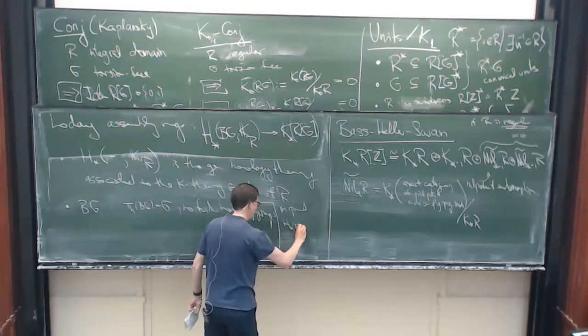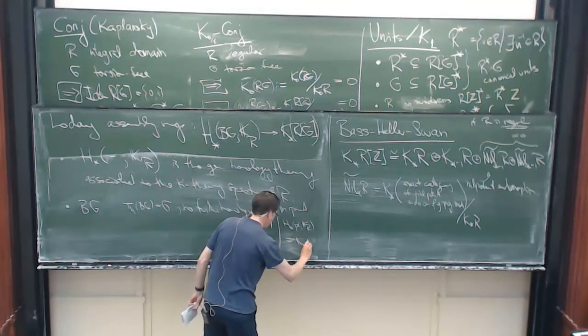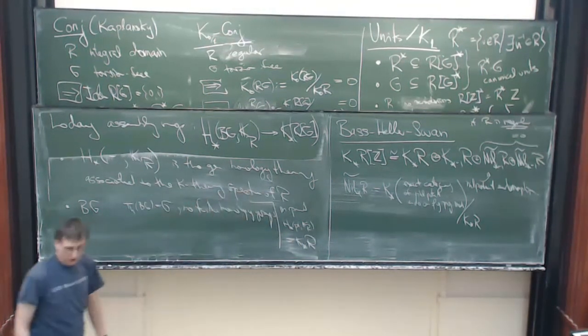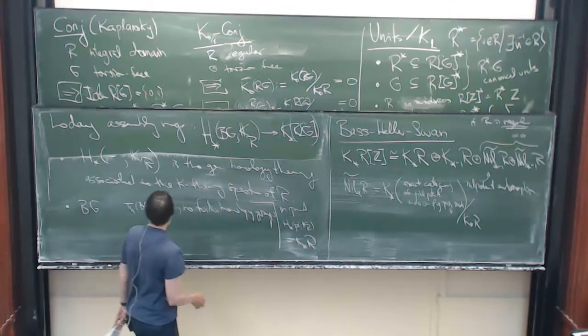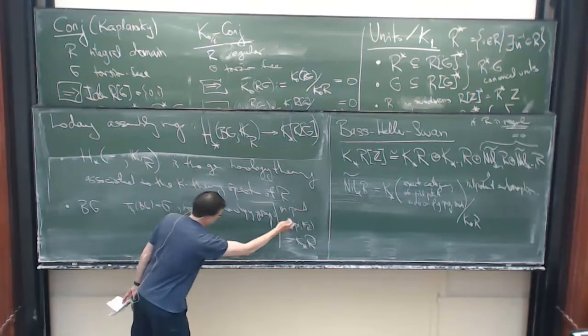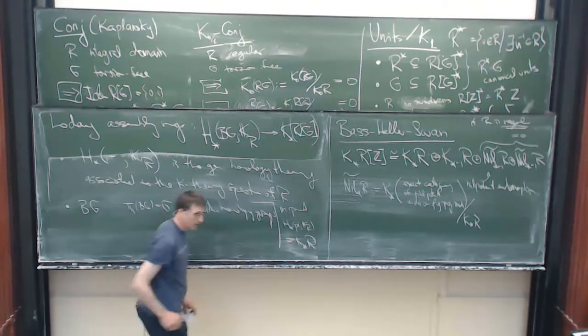If we evaluate on a point, we get the K-theory of the coefficient ring. And then we can use a spectral sequence to try to compute the value on some other space, for example BG, assuming we know what the K-theory of the ring is.